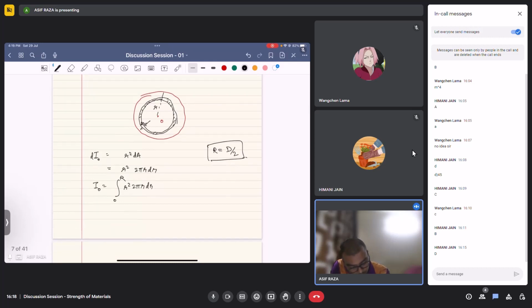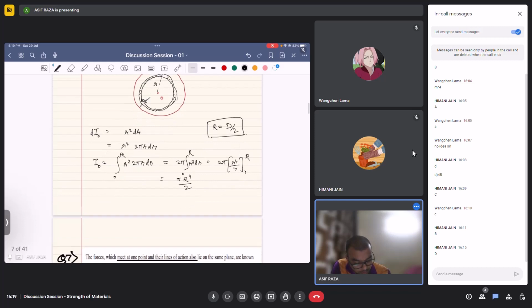So what would the result be? This would be the integral of 2 pi r cube dr from 0 to R, and that would be 2 pi r to the power 4 by 4, with limits 0 to R. So that would be equal to pi R 4 upon 2.